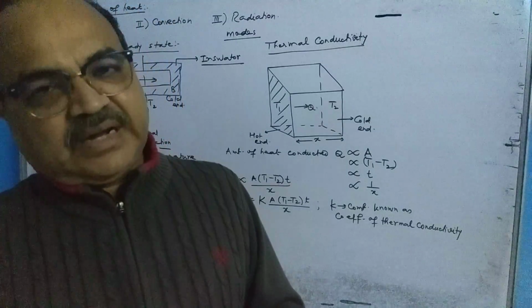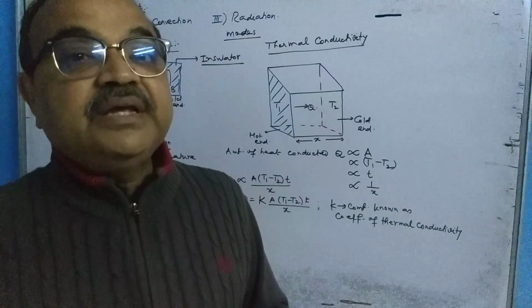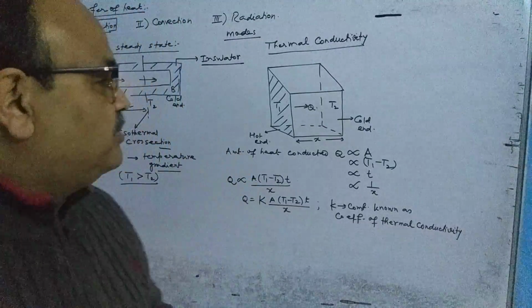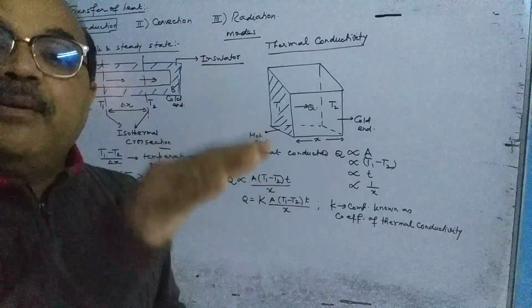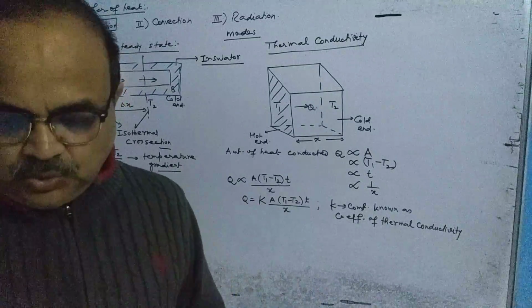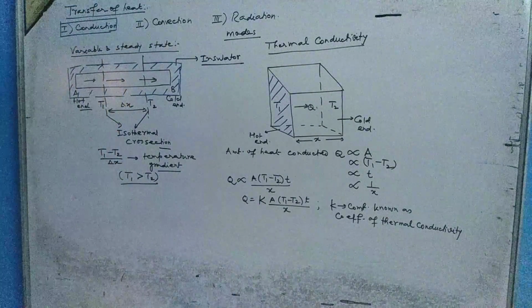If a material is a very good conductor, its thermal conductivity will be higher. If a material is a bad conductor, thermal conductivity will be lower. So this is the thermal conductivity.